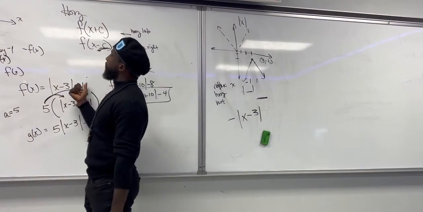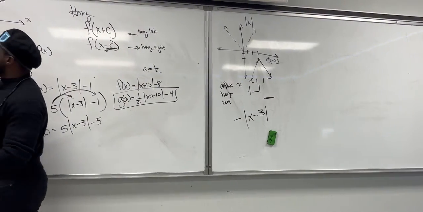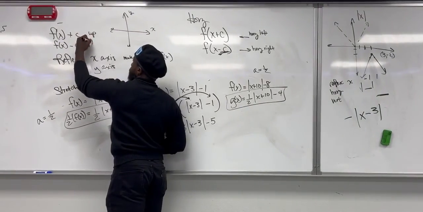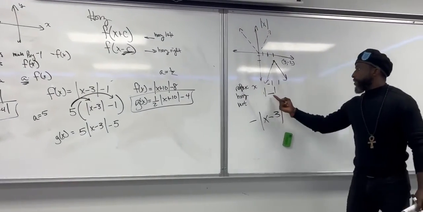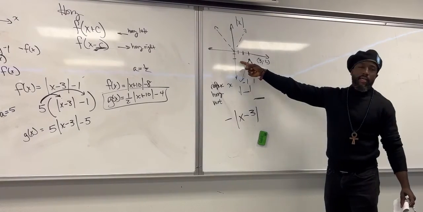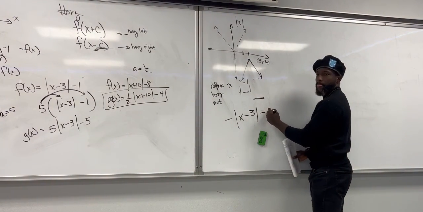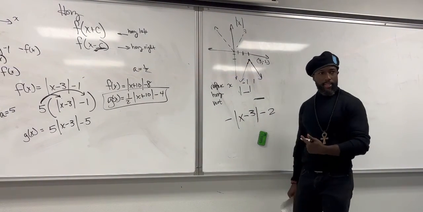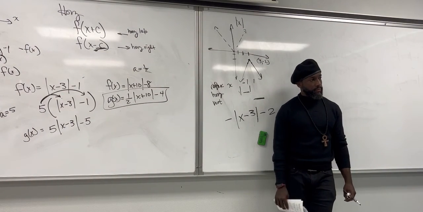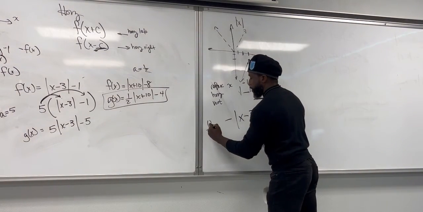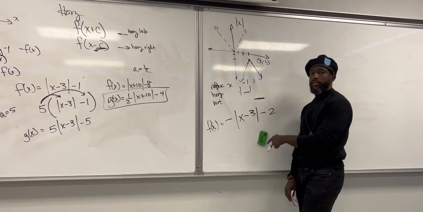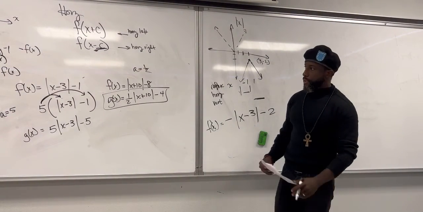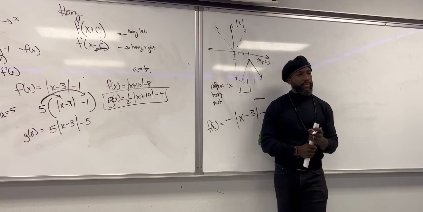This is an up move, this is a down move, and this went down, so it's going to be minus what? 2. That's your equation. F of x equals negative absolute value of x minus 3, minus 2.